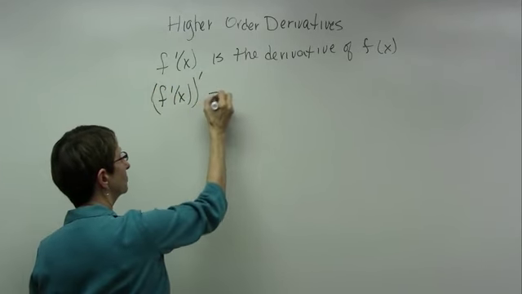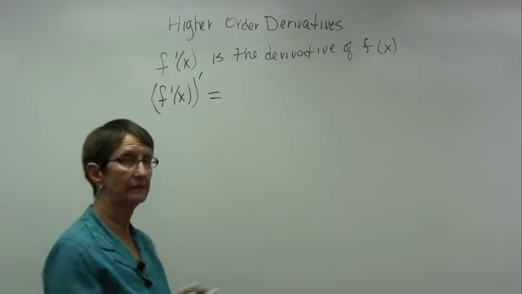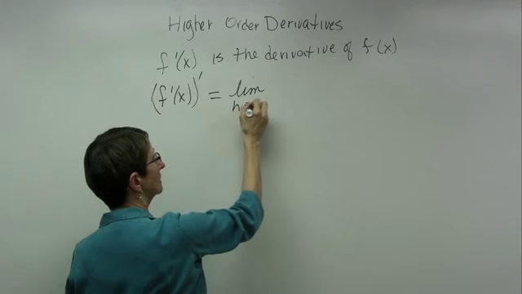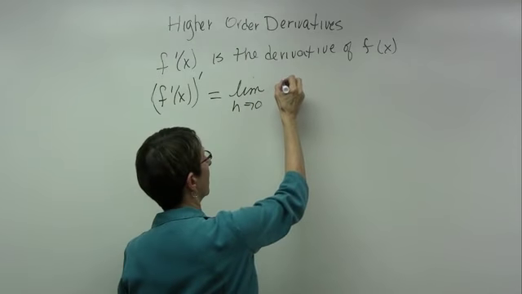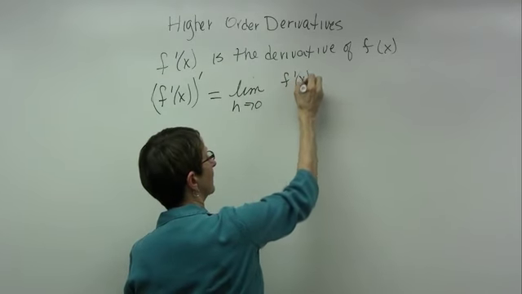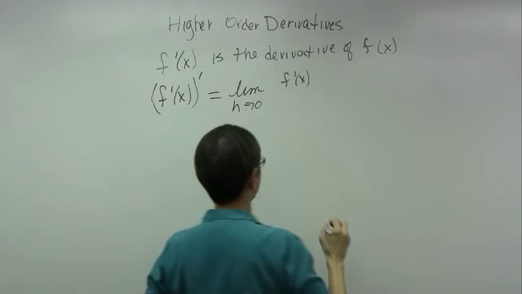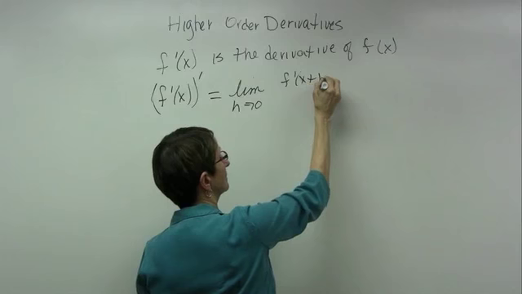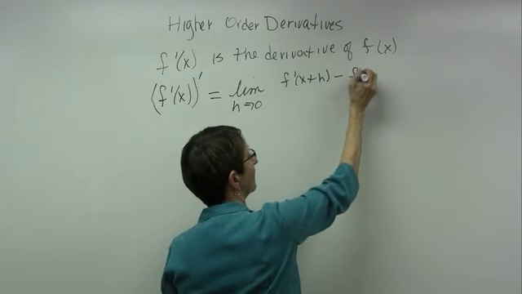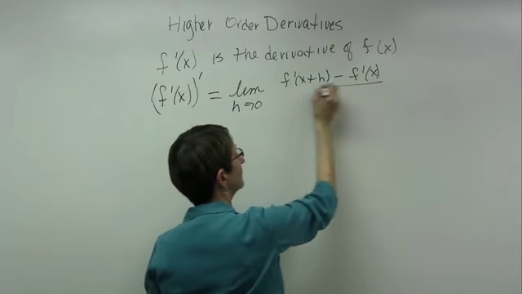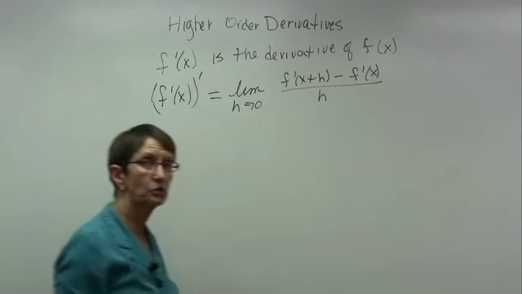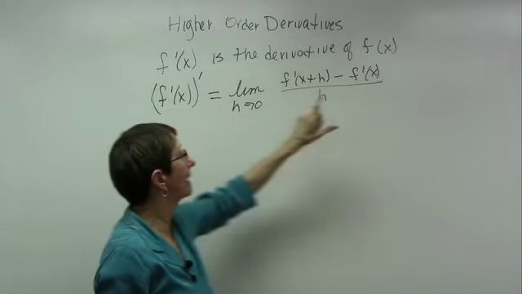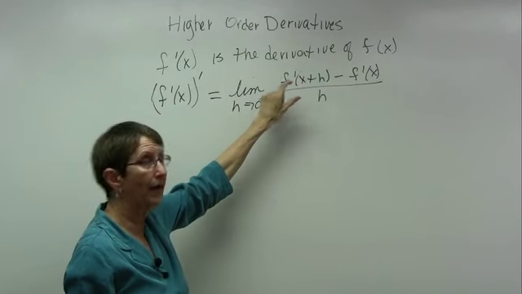So if I use the notation with the limit definition, I would be taking the limit as h approaches 0 of f prime of x plus h minus f prime of x divided by h. So this would be the limit definition, but my function is f prime.